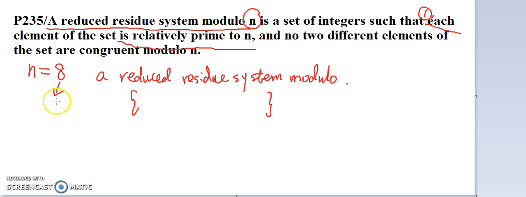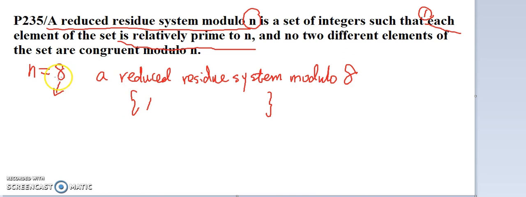So for example, if we start with the number 1, the greatest common factor of 8 and 1 is also 1. So they don't have anything except 1, which means 1 is in the residue system modulo 8. Similarly, let's check 2.